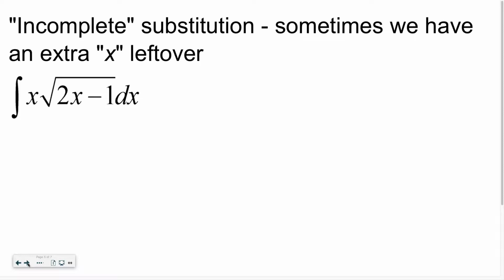Okay, so obviously this is not something that we have a straightforward rule for. We have a composition of 2x minus 1 inside of a radical, and then we also have it multiplied by a little bit of extra. If you are doing your homework, I tell you to look for that composition. That composition is 2x minus 1 being under the radical.